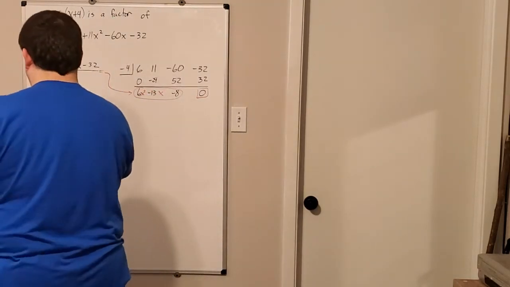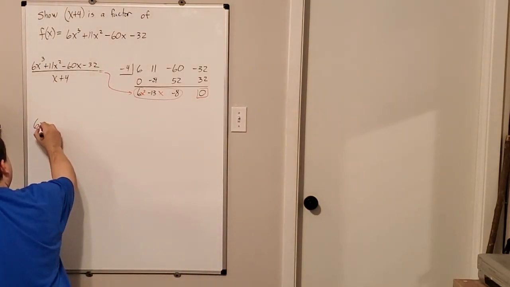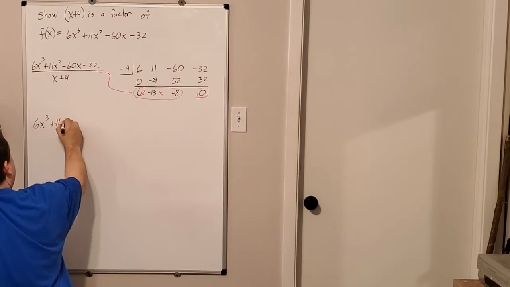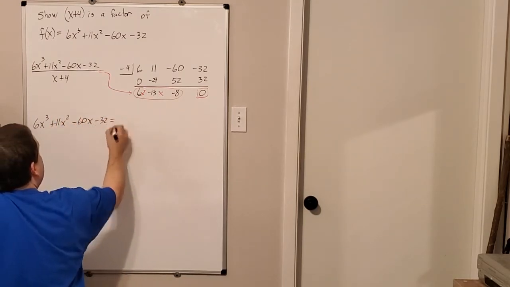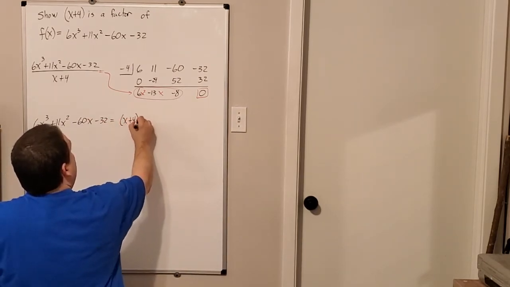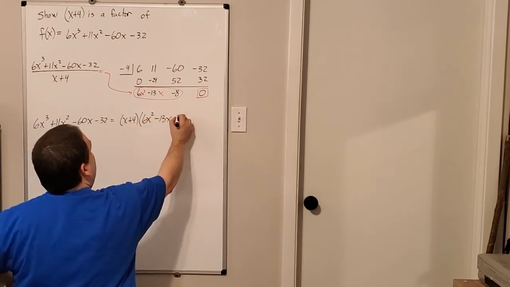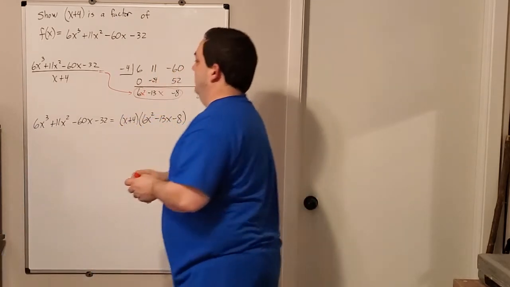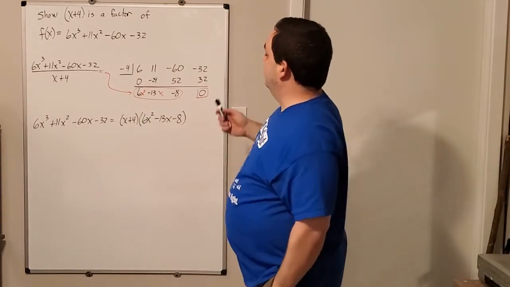Therefore, I can actually say 6x to the 3 plus 11x squared minus 60x minus 32 is equal to x plus 4 times 6x squared minus 13x minus 8. That's what we're really saying with these divisions when that remainder is 0.